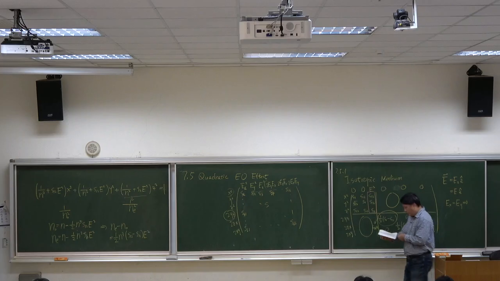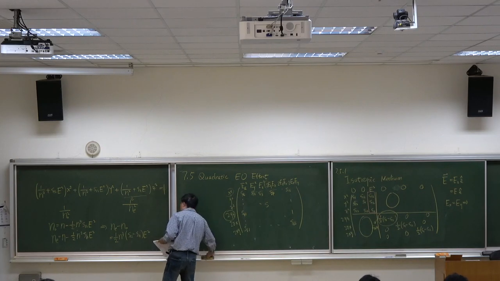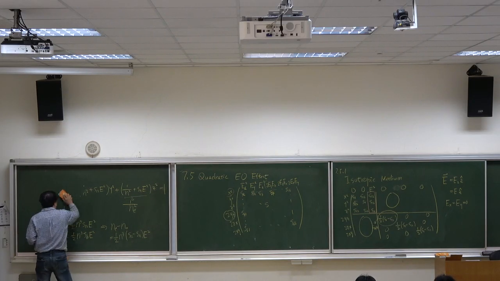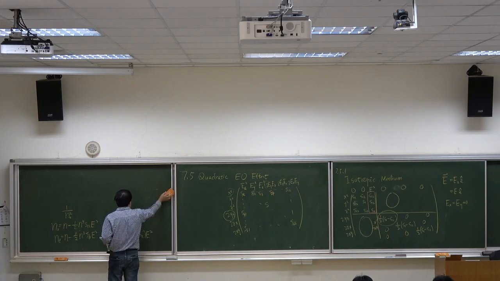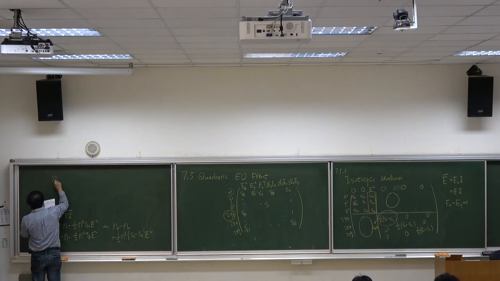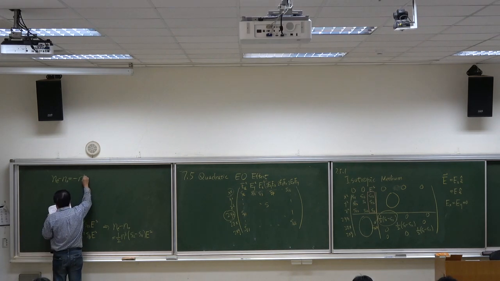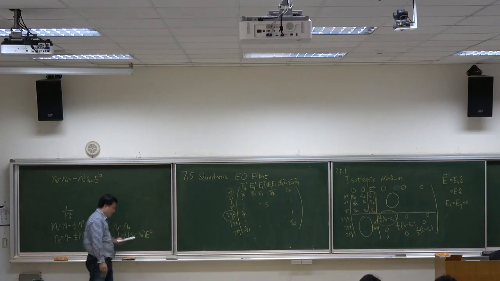Okay? So this means that we can write the difference ne minus no as minus no cubed times S44 times E squared.